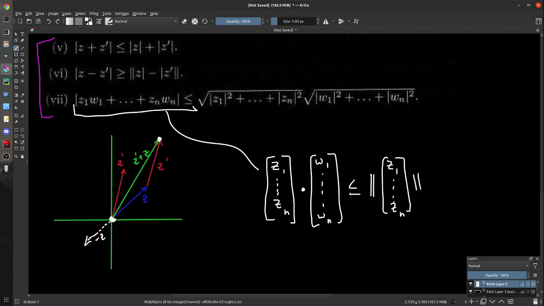The norm of this guy times the norm of this guy, so w1 through wn. So double bars meaning length, right? It's saying that the absolute value of the dot product is less than or equal to the product of the lengths.